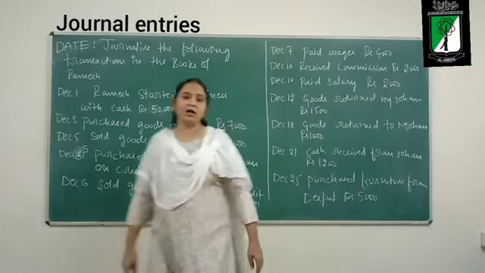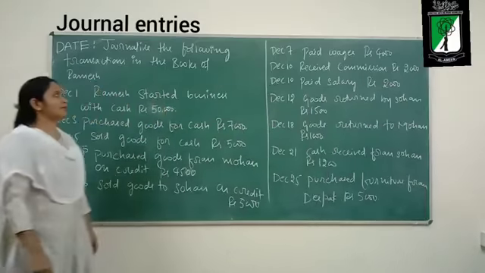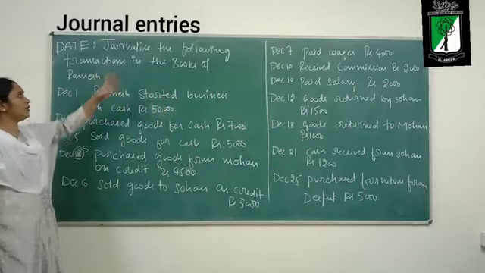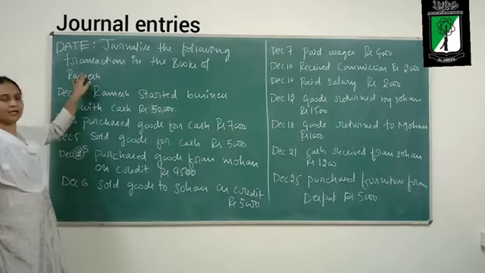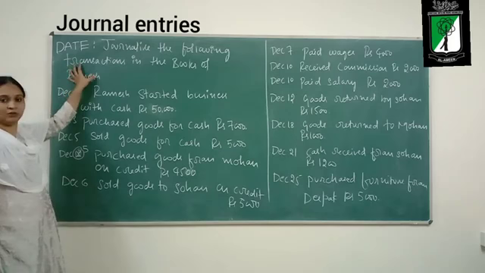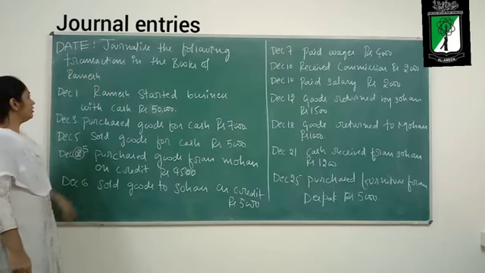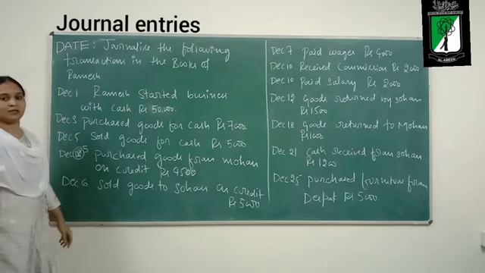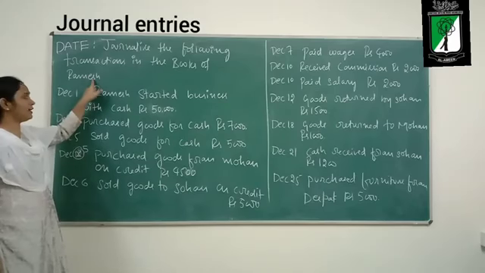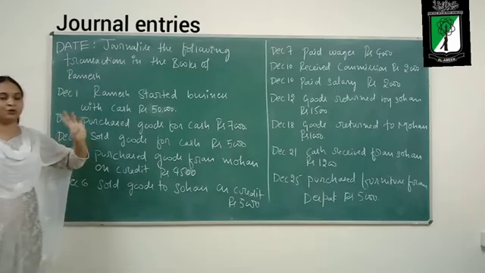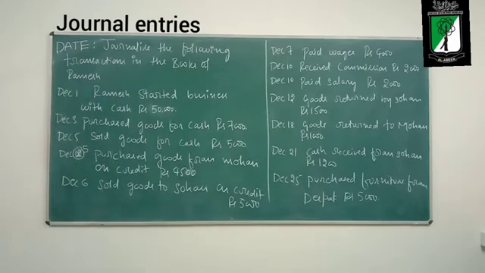Journalize the following transactions in the books of Ramesh. I had written here Himanshu. Change it to Ramesh. In the previous problem, I had written Himanshu; now change this to Ramesh.